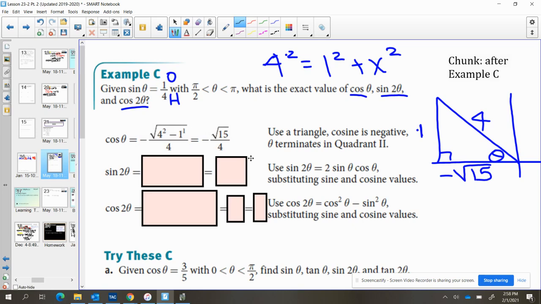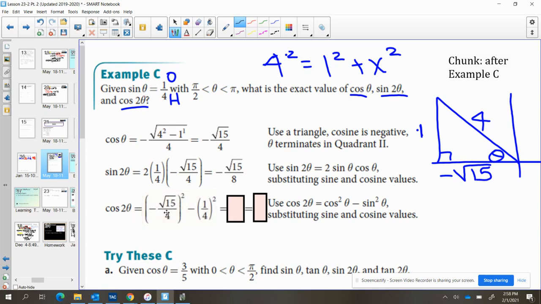And then we can use, for sine of 2 theta, the sine that we were given and the cosine that we just found to plug into that formula of 2 times sine theta times cosine theta to get our double angle for sine. And then cosine, you have a couple different options.